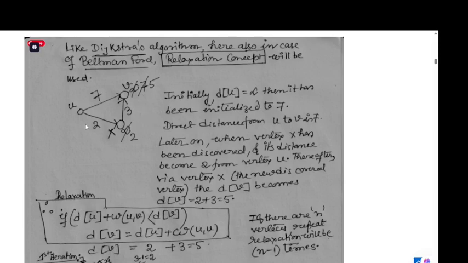Which one are we relaxing? We are relaxing this path. Okay. Now, the relaxation concept is this function. What does it do? If du plus wuv, that means if you encounter a path which will end up giving you less path cost than the previous one, then you will choose that edge.